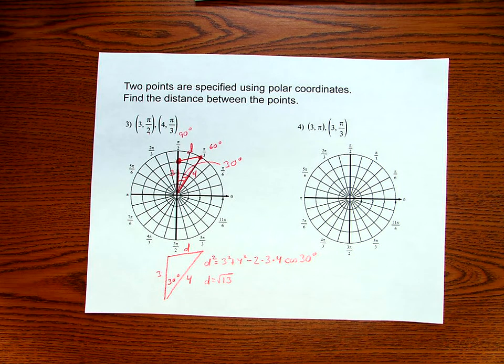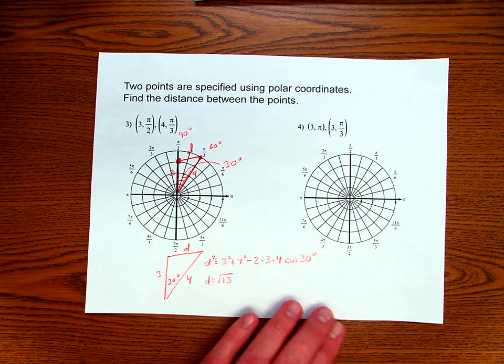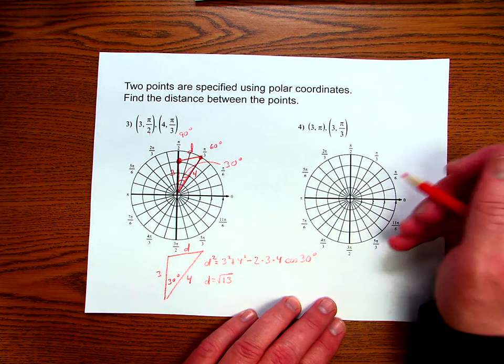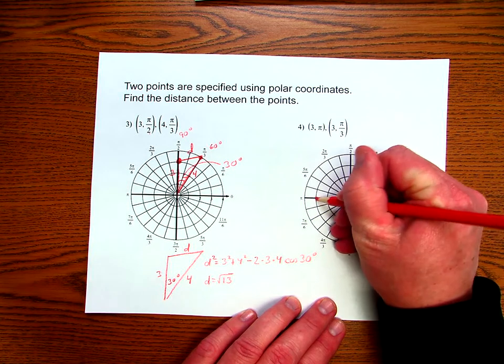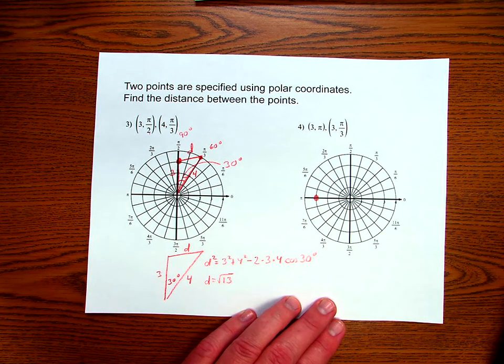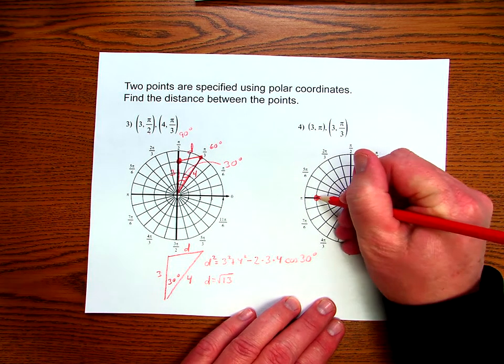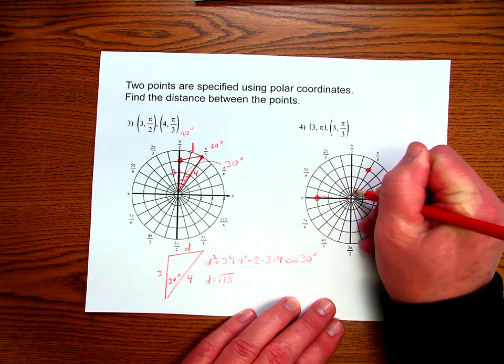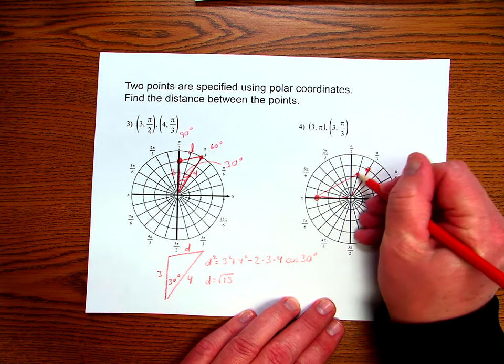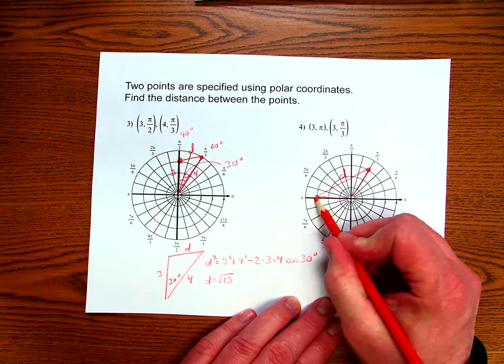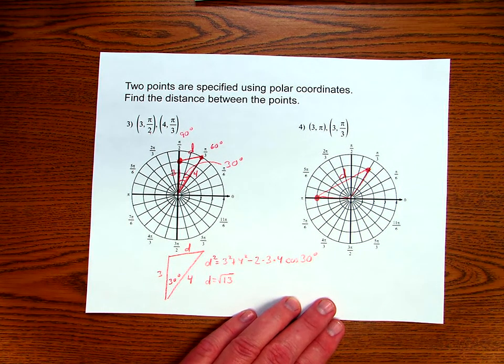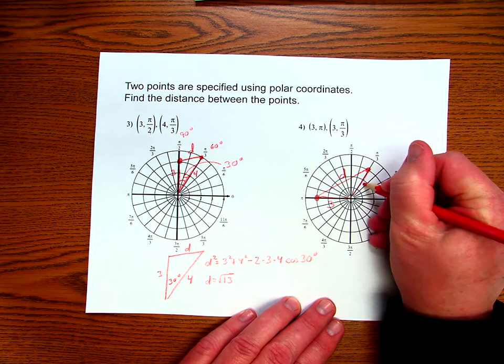All right, one more example of that type. 3, pi, that is right here. 3, pi over 3, that is right here. It's asking us to find that distance from that point to this point. So we know that length is 3.